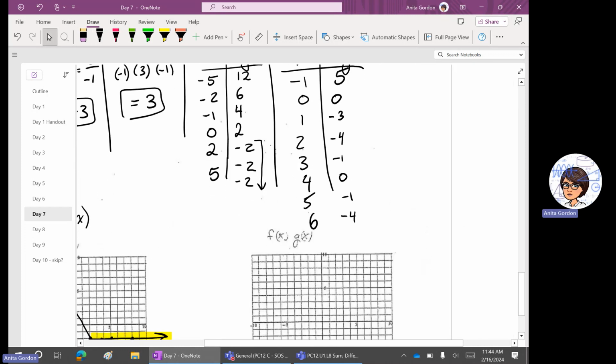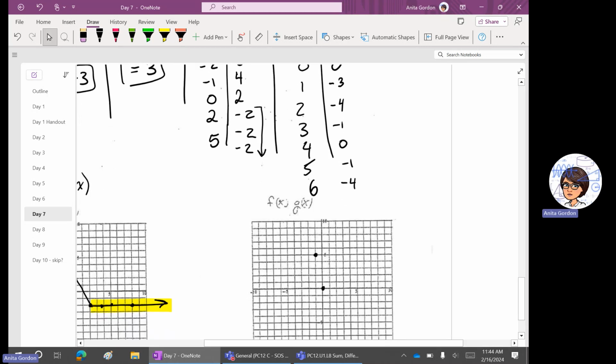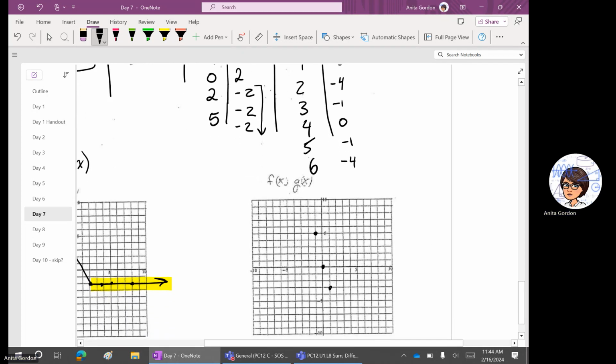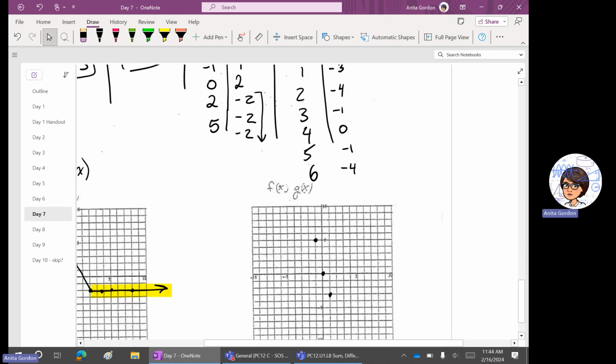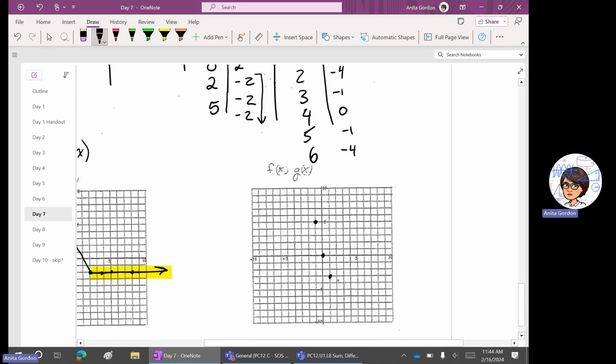When I go to graph it, -1, 5, 0, 0, 1, -3, and then 2, -4, 3, -1.